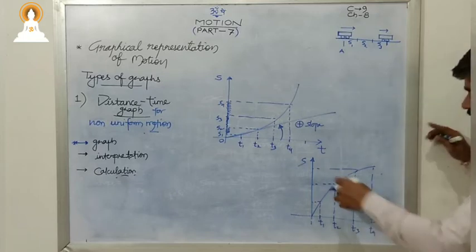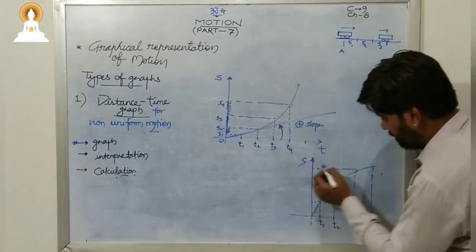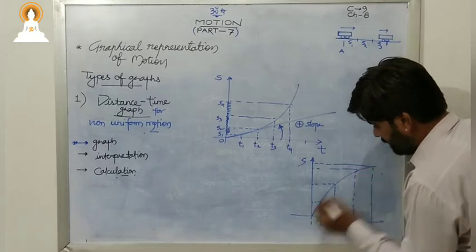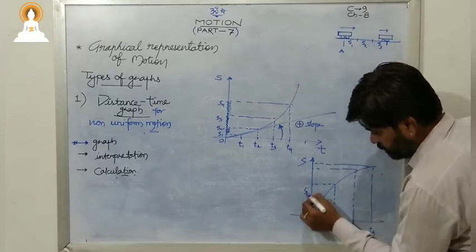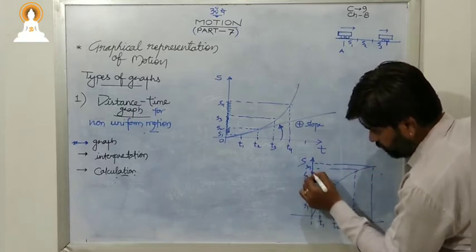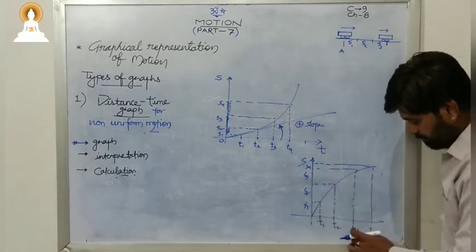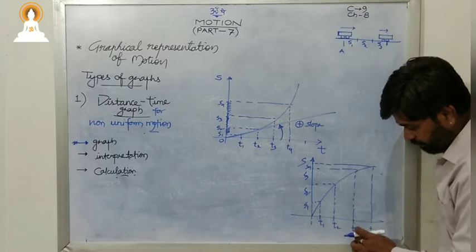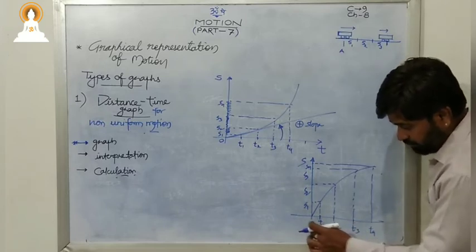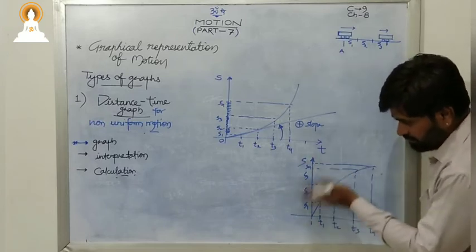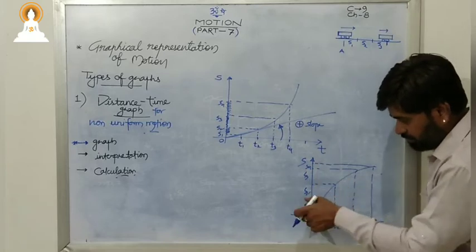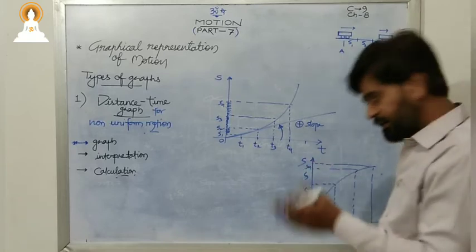So it is the reverse condition. In the reverse condition, this is S1, this is S2, this is S3 and this is S4. So from S3 to S4, this is the minimum distance covered in a particular interval of time. The time intervals are equal, but this time the covered distances are decreasing.